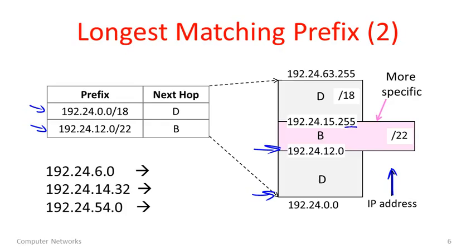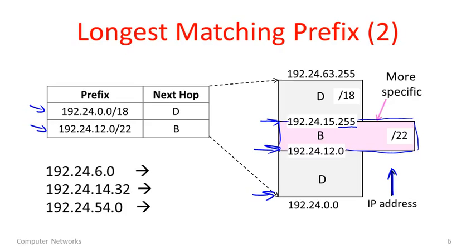That gives me the 255 up here. And I'm also going to turn on the bottom 2 bits of the next one. That's equivalent to adding 3. So we go from 12 to 15. And I end up with 192.24.15.255. So you can see for the /22 prefix, I've colored that with the pink diagram. And I've made it longer because it's a more specific prefix.